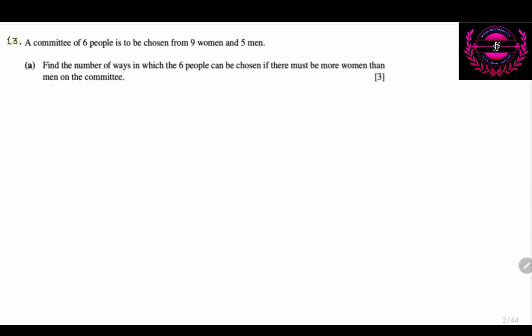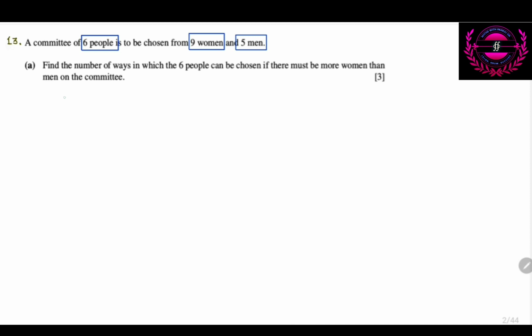Read question number 13. A committee of 6 people is to be chosen out of 9 women and 5 men. We have to select 6 people. Now check the condition. Find the number of ways in which 6 people can be chosen if there must be more women than men on the committee. So more women must be there.